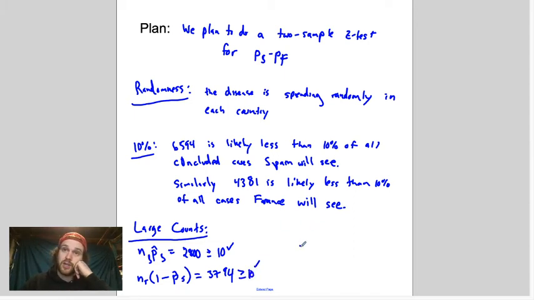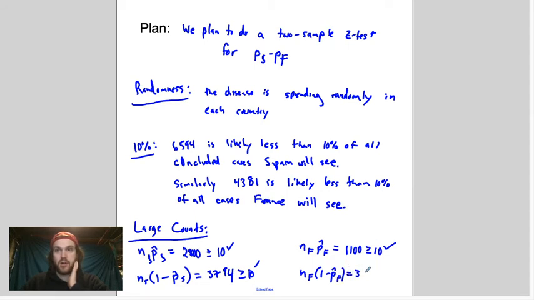And the last one is N sub F times P hat F, and that is equal to 1,100. If you look at that table, which is greater than 10, and NF times 1 minus P hat F is equal to 3,281, which is also greater than 10.